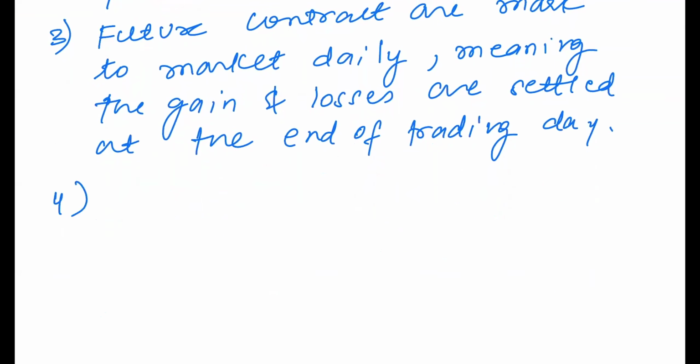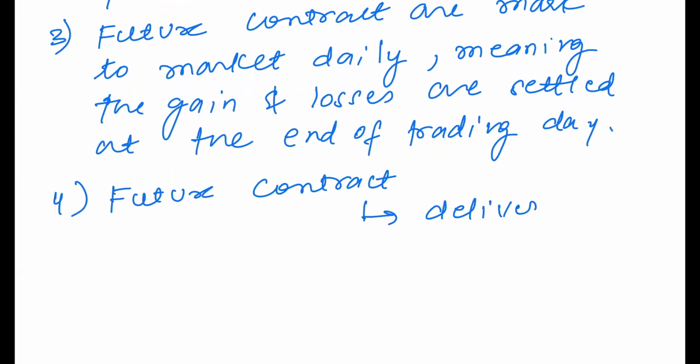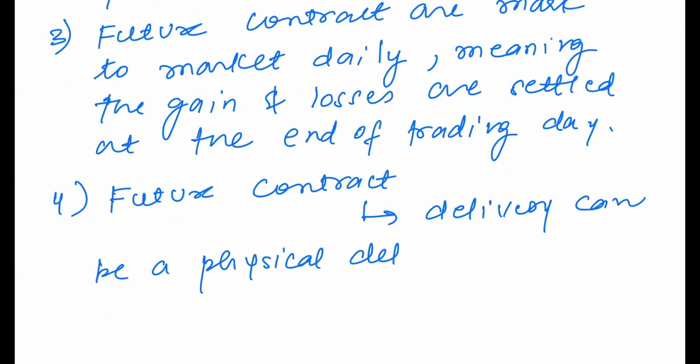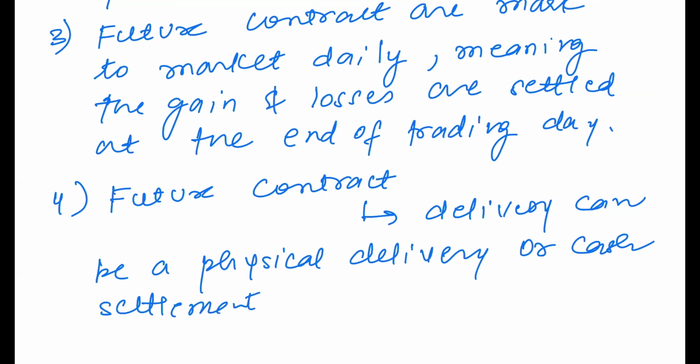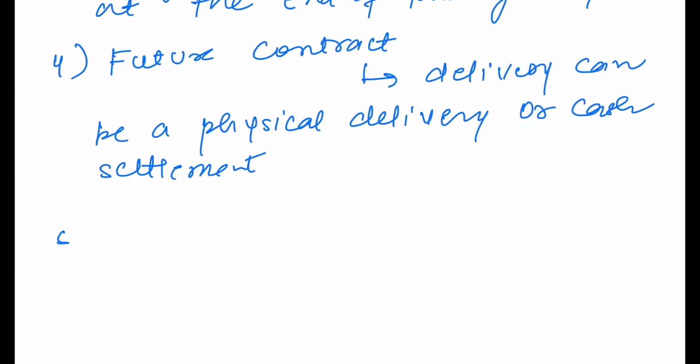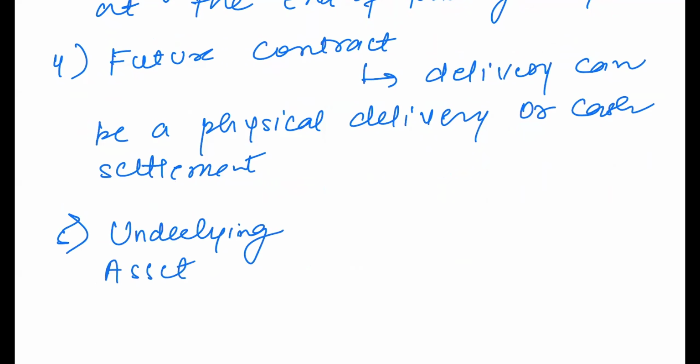Now, fourth, in the future contract, the delivery can be a physical delivery or a cash settlement. What do I mean by this? We have different underlying assets in a future contract.